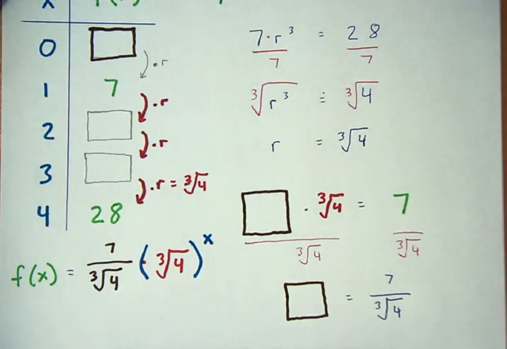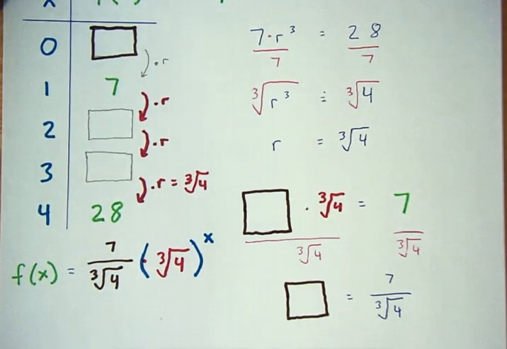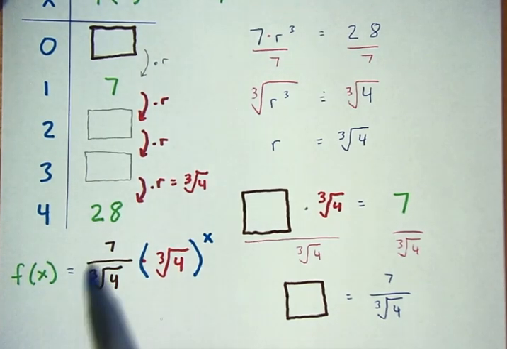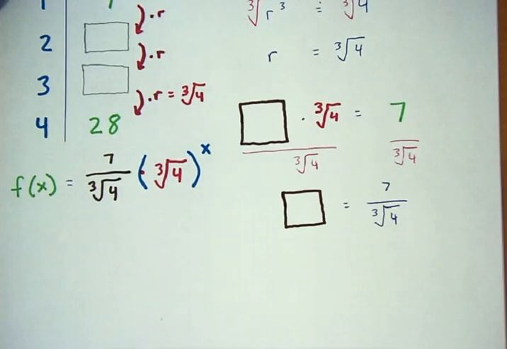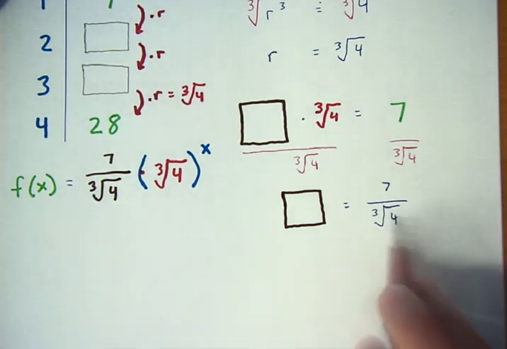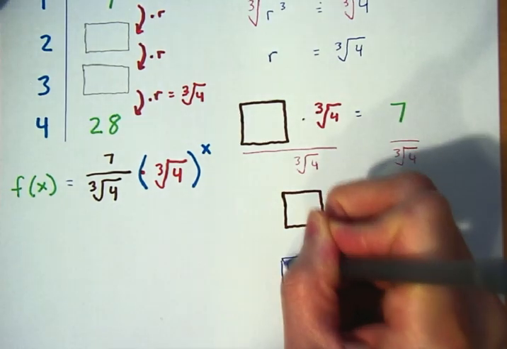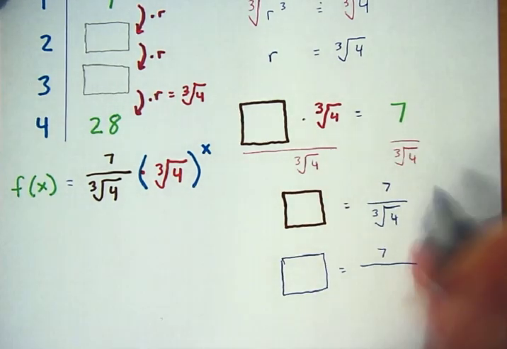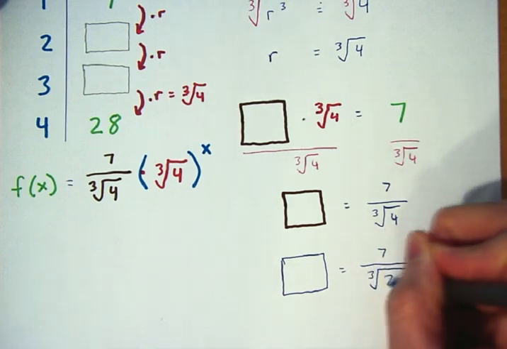Now, in math, they don't like having roots at the bottom of a fraction. So, if you wanted to get rid of this root on the bottom of the fraction, here's the way you do it. So I know here that the third root of 4, you can write that as the third root of 2 times 2.